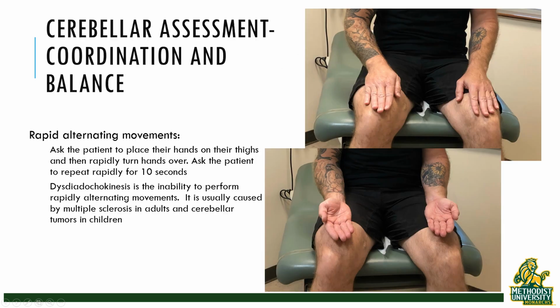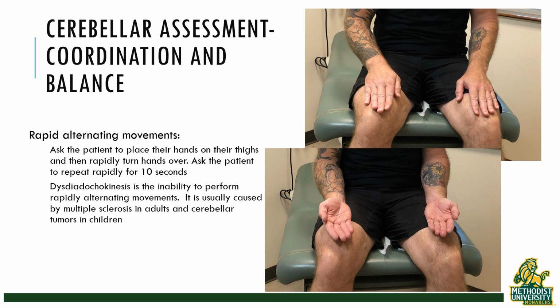Leaving reflexes for cerebellar assessment, we check a number of things around coordination and balance. Rapid alternating movements are a good way to check cerebellar function. Have the patient flip their hands rapidly for several seconds.